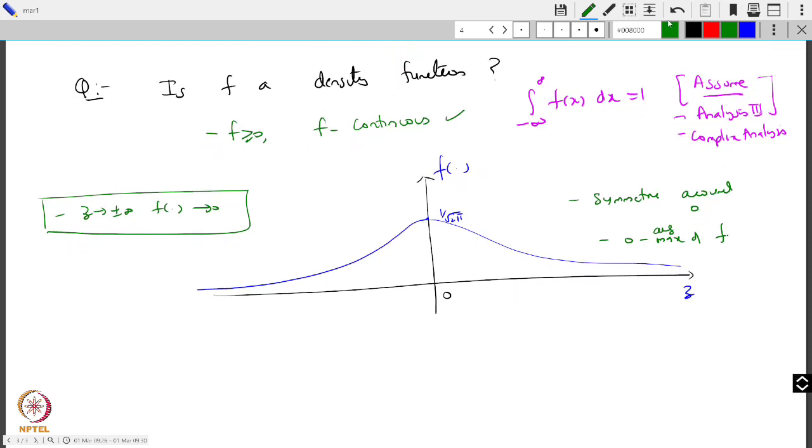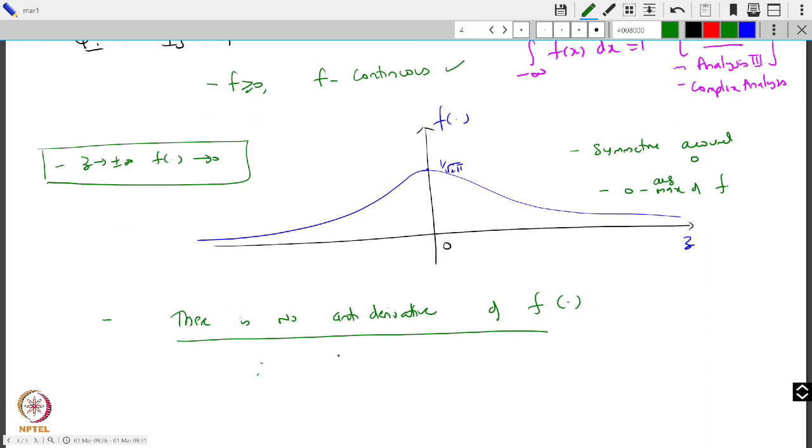The next observation is that there is no antiderivative of f. Therefore the integral from a to b of f of z dz, which is the integral from a to b of e to the minus z squared by 2 over square root 2 pi dz, has to be calculated numerically. You cannot do it by your standard 12th class mathematics.